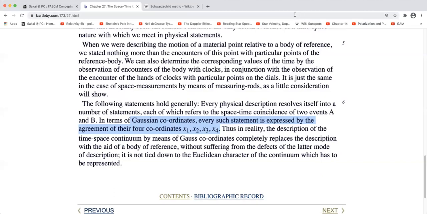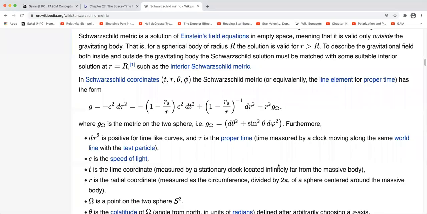Let me show you something on Wikipedia. We had mentioned the Schwarzschild metric last time, and there it is right here. If you just go to Google and type in Schwarzschild metric, you'll come to this Wikipedia article.